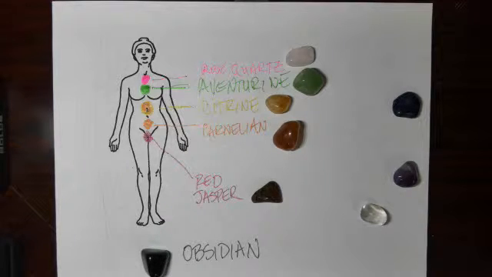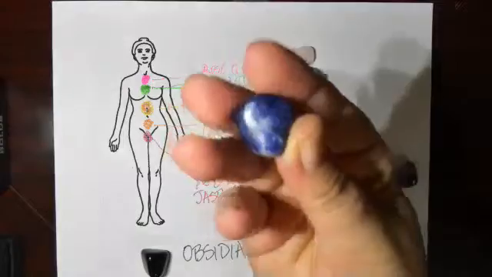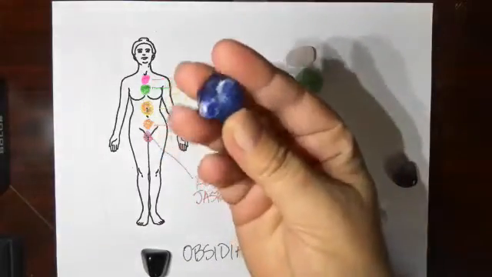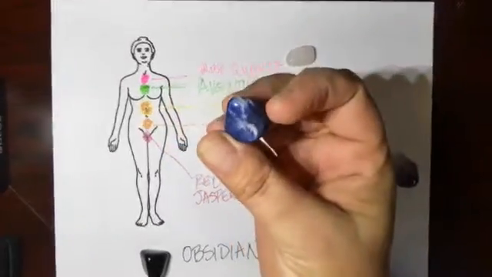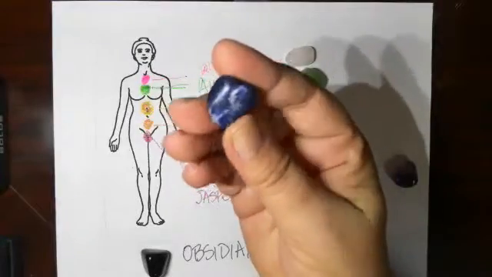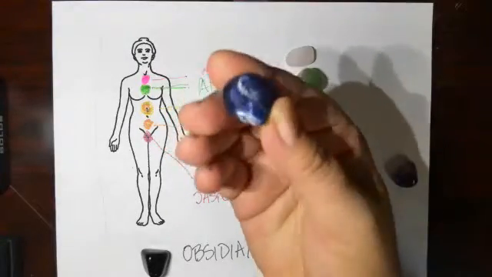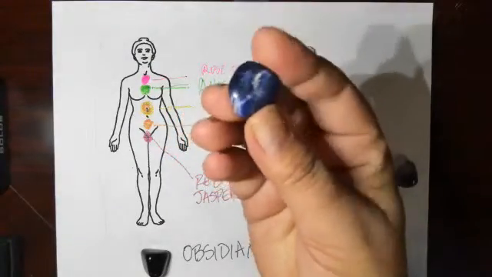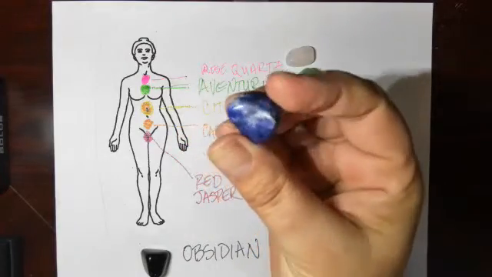Okay, let's move up to the 5th chakra. Okay, my specimen today for my crystals is going to be a nice piece of sodalite. I hope you can see it there on the page or on the screen. And sodalite is awesome. It's got that white veins running through this blue.